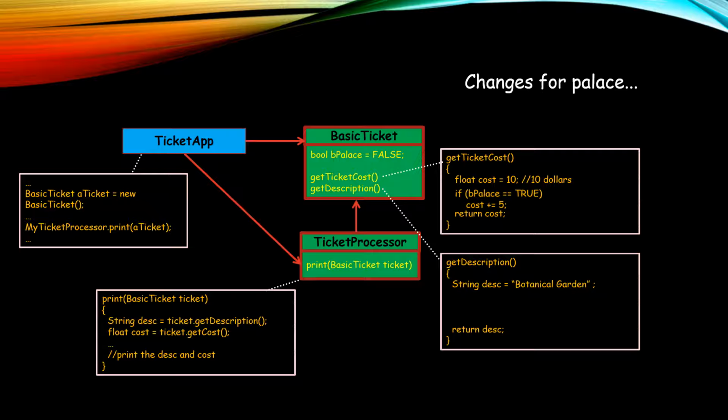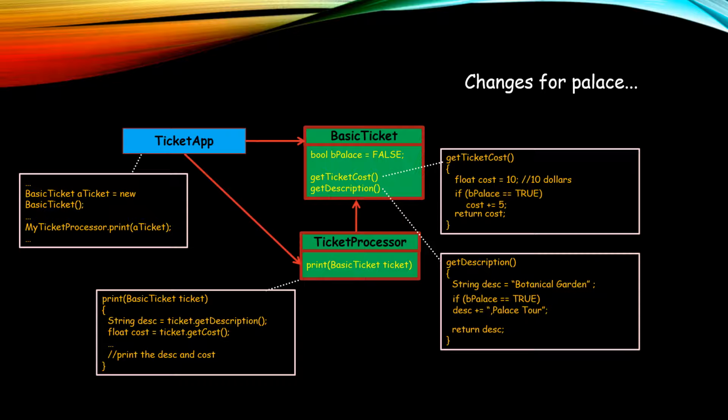If yes, then add $5 more to the base ticket cost. Similarly, the getDescription method also adds a condition to check if palace tour needs to be included.